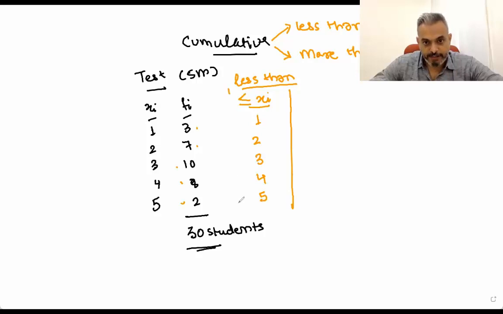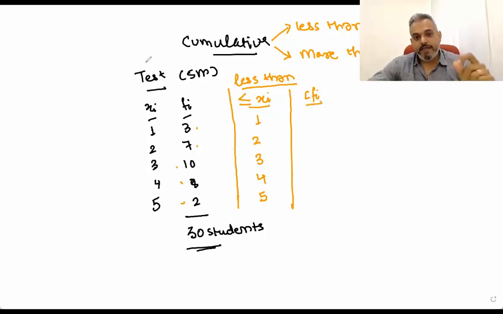I'll make a table like this. Cumulative frequency denoted by CF. CF is cumulative frequency. And CFi is cumulative frequency for first observation, for second, for third, for fourth, for fifth. Now you only tell me less than equal to 1 mark, how many students are there?